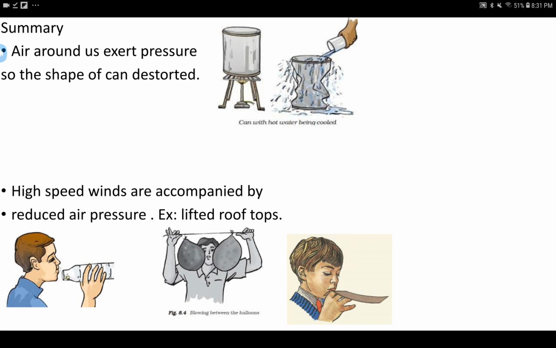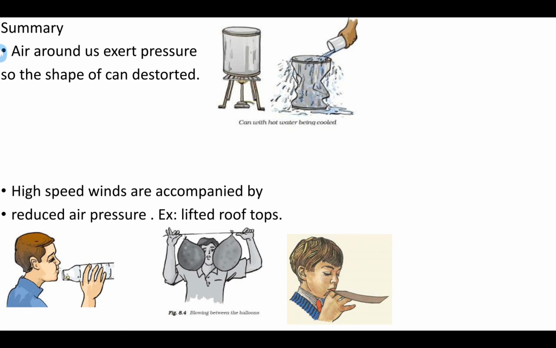Then come to the summary of today's session. Already we learned air around us exerts pressure in all directions, upward, downward and sideways. We observed one activity in which because of that the shape of the can was distorted. What is one more important characteristic feature of the wind? High speed winds are accompanied by reduced air pressure.